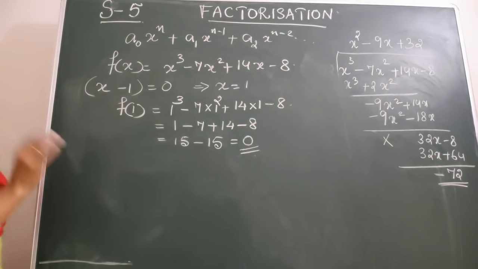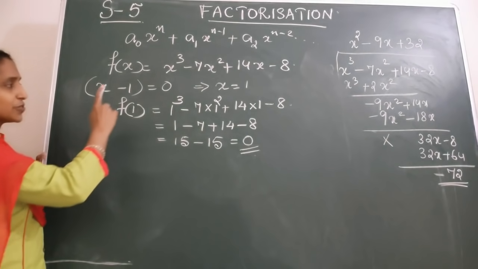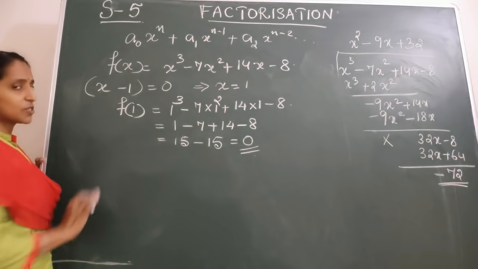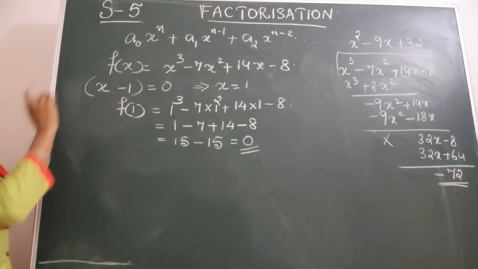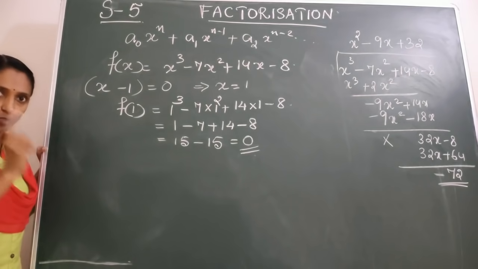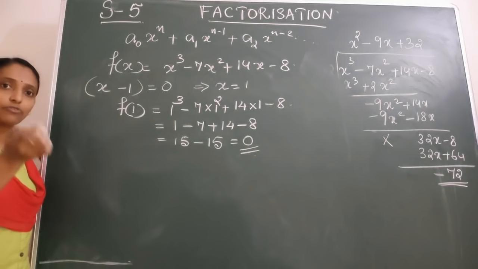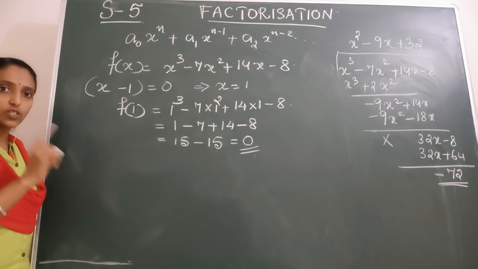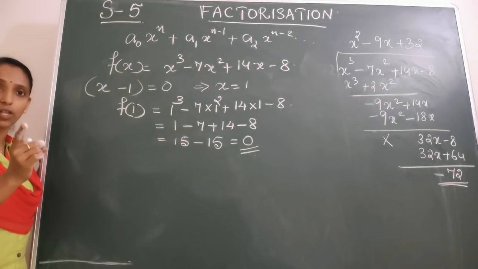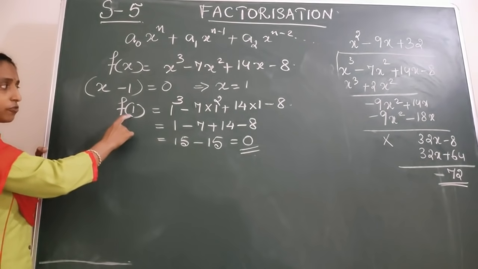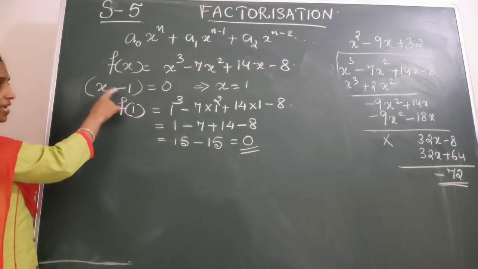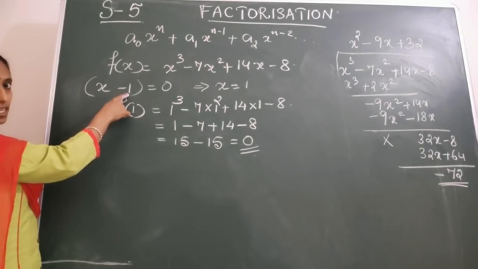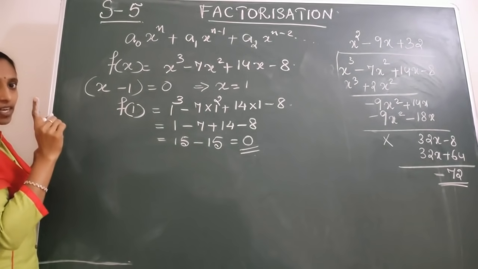So if it is a factor, while substituting the value of x in the polynomial, you will get the answer 0. That's what I told you in the theorem. x minus a is a factor of f of x if and only if f of a is equal to 0. Here in x minus a, the value of a is 1.